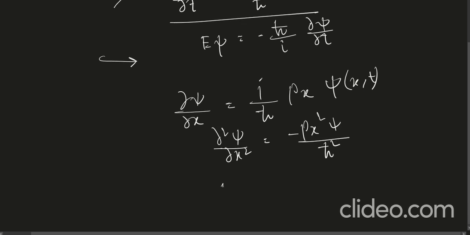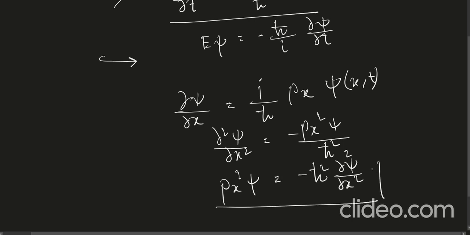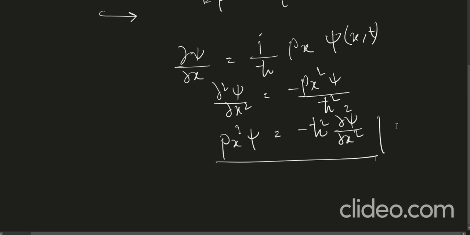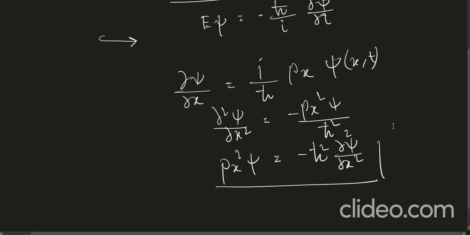So now from here, if we get the value px square psi, then we get minus h cut square del 2 psi by del x2. So now we discuss a particle subject to force. We know that for a non-relativistic case, a particle of mass m moving with velocity v and whose wave function is psi, the total energy is the summation of kinetic energy, that is half mv square, plus potential energy.